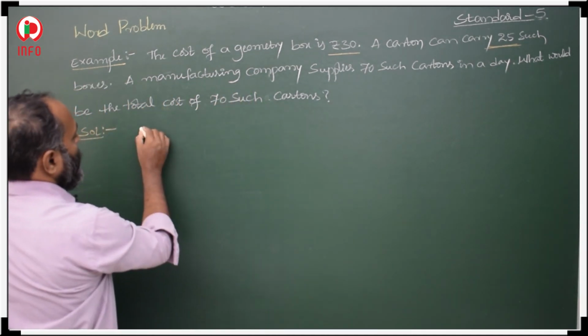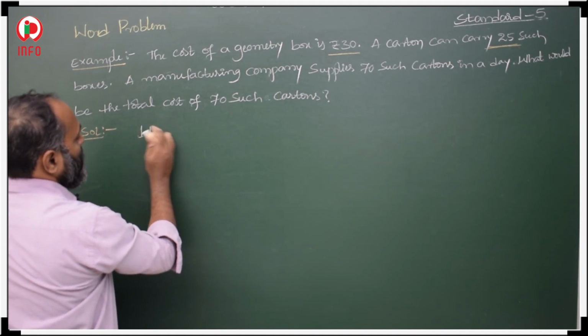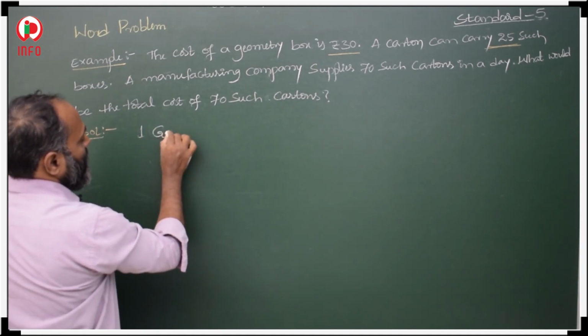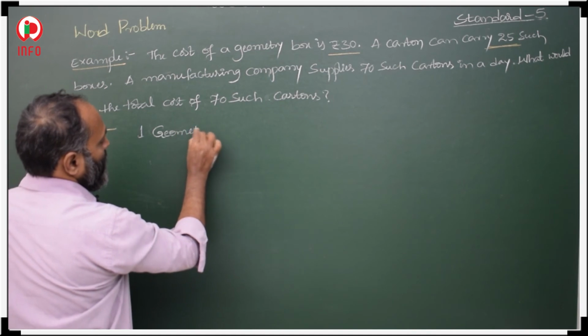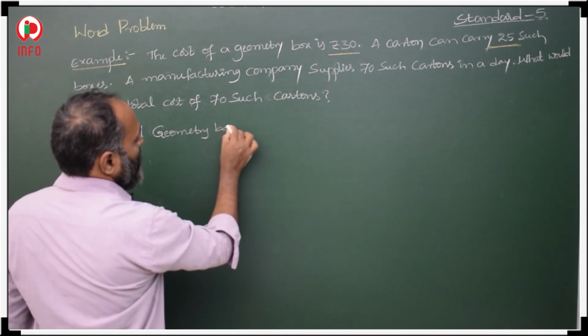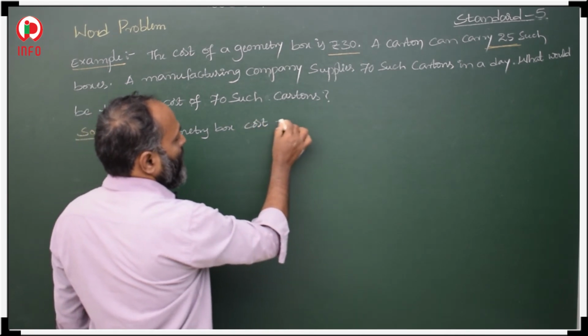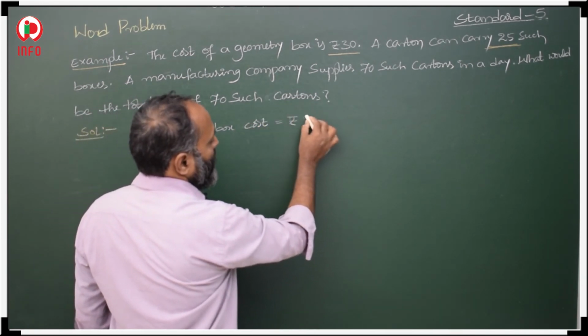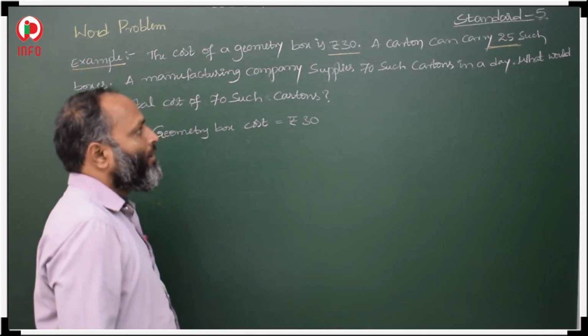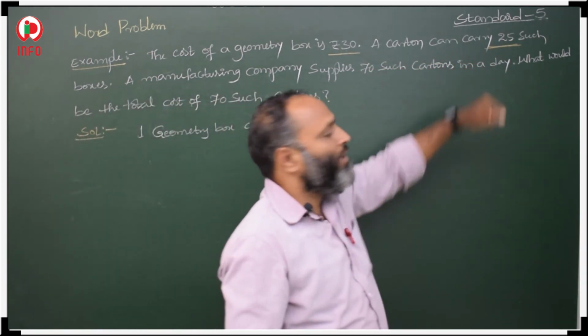First, one geometry box cost is how much? Rupees 30. Then in a carton how many boxes were there? 25.